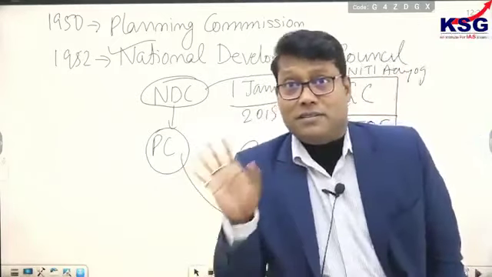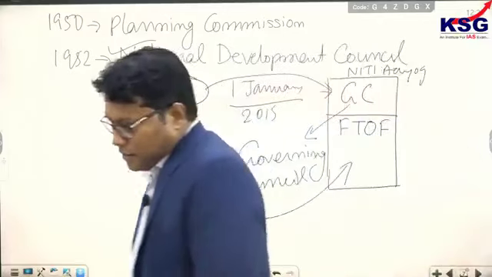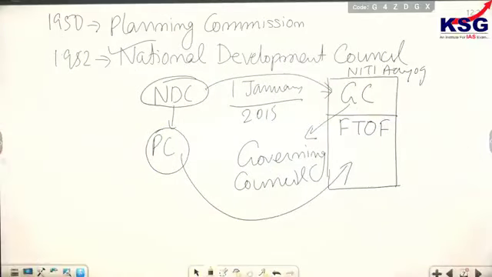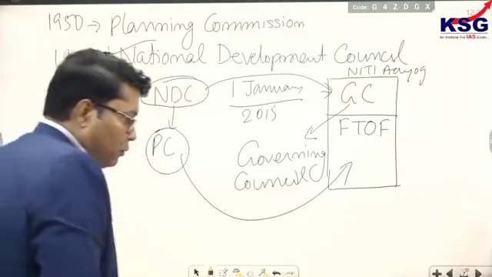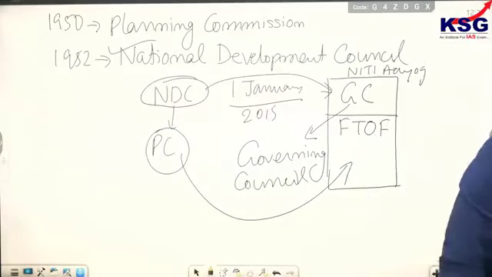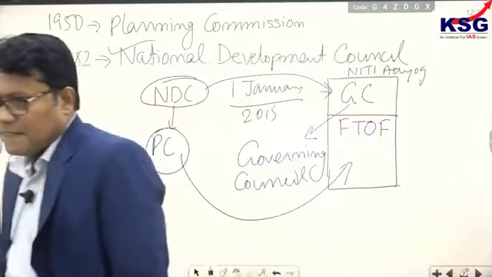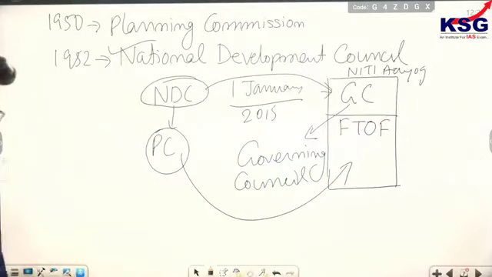You can understand it is the Prime Minister of India, so I'm not writing it, just telling. The NDC was headed by the Prime Minister and comprised all union cabinet ministers, chief ministers of all states, administrators of UTs, and members of the Planning Commission.